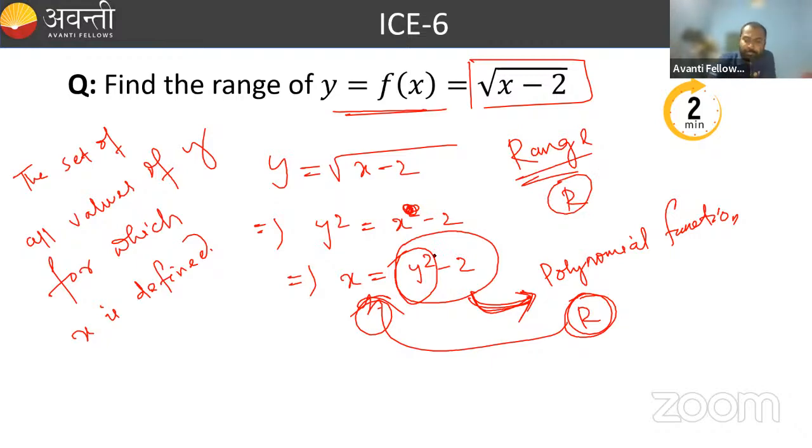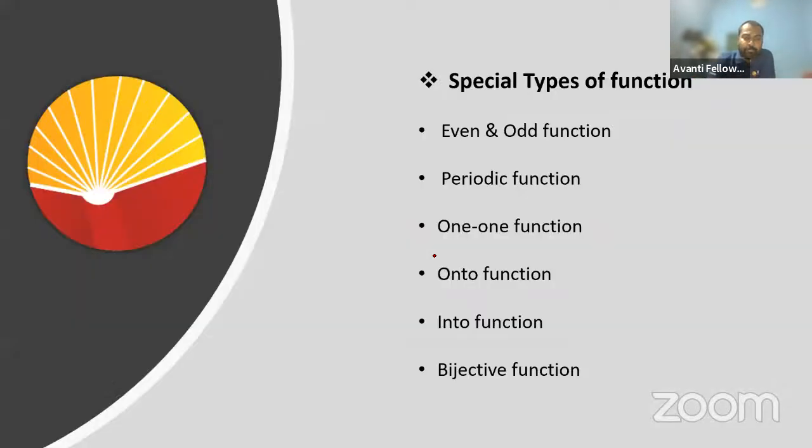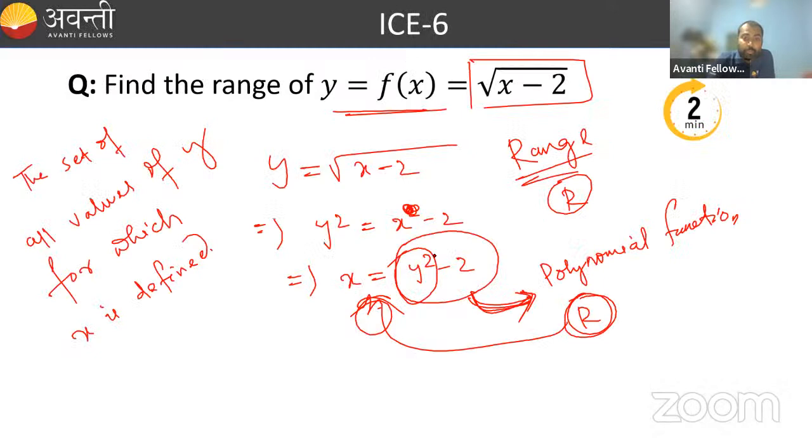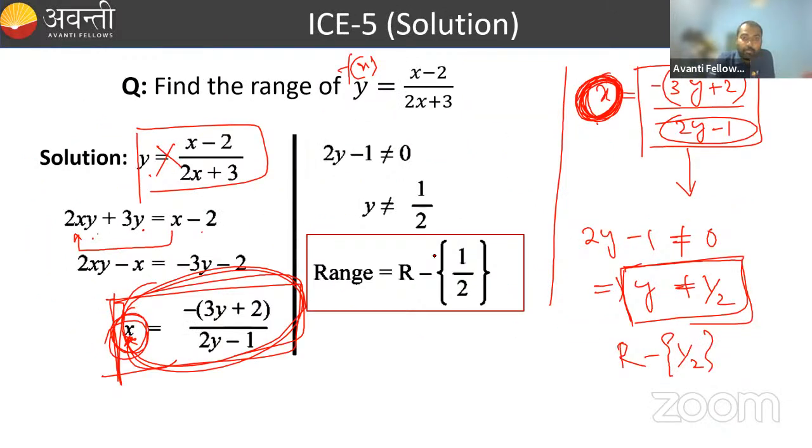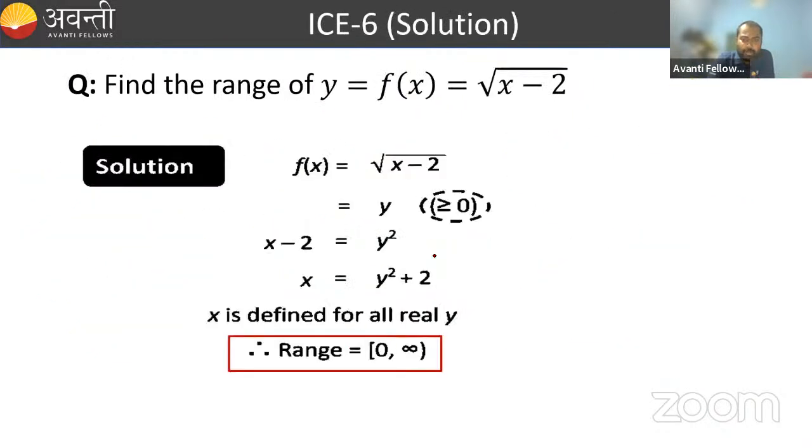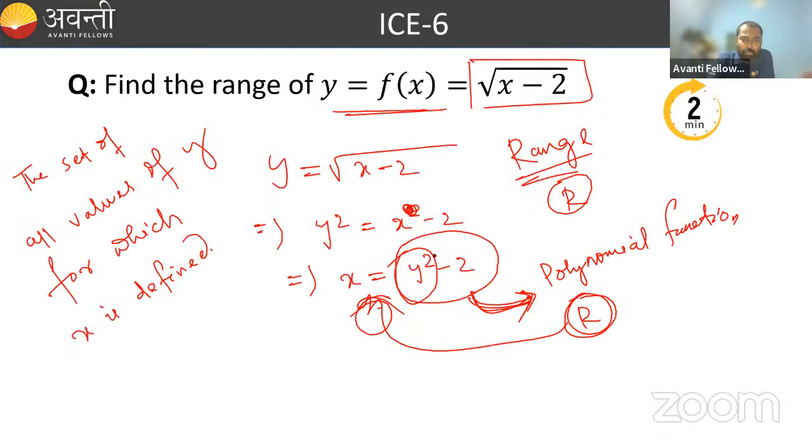Very simple question. Sorry, what is the answer? It is given x is equal to y square plus 2. Oh, I'm sorry, it's a mistake. x is equal to y square plus 2.